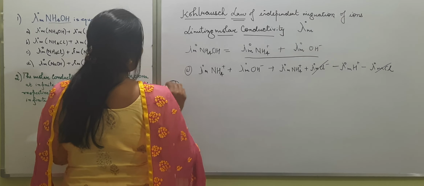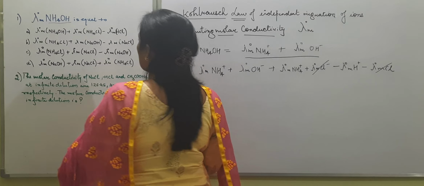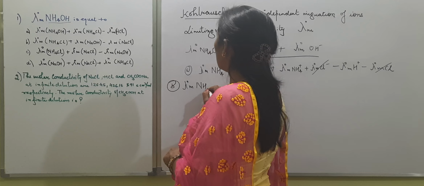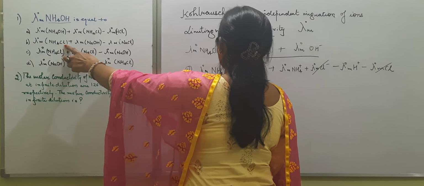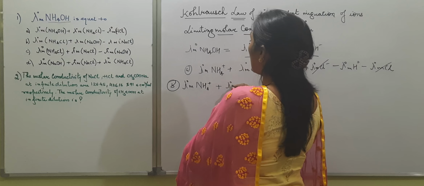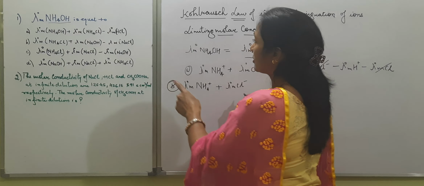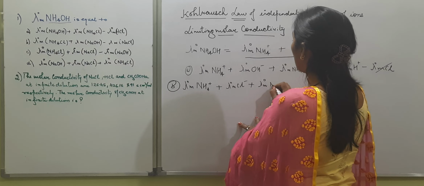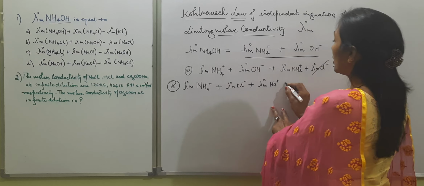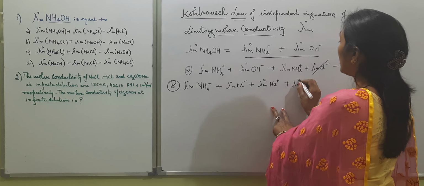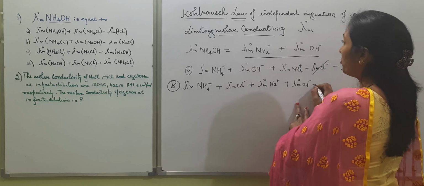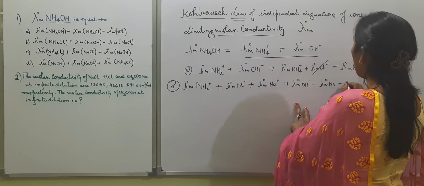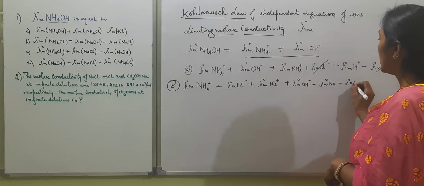Let's see the second option. What is the second option here? That is the limiting molar conductivity of ammonium ion, divided by limiting molar conductivity of Cl minus, plus limiting molar conductivity of sodium ion plus limiting molar conductivity of hydroxide ion, minus limiting molar conductivity of sodium and minus limiting molar conductivity of Cl.